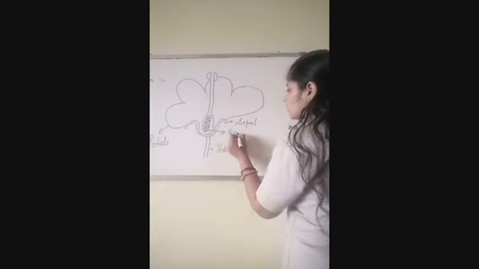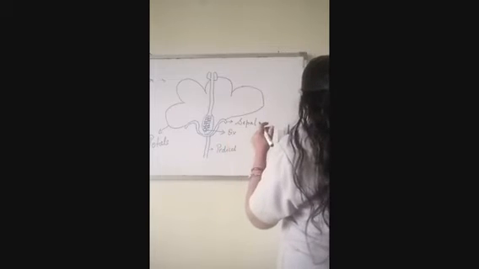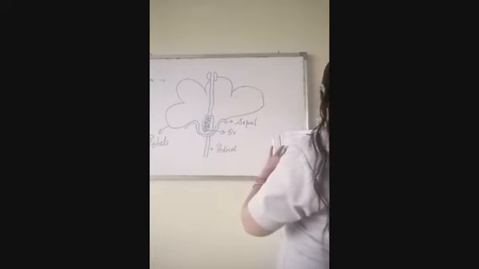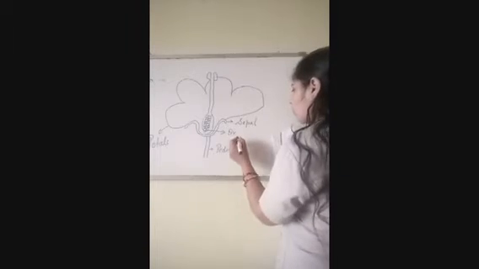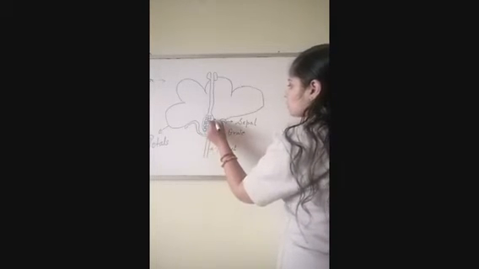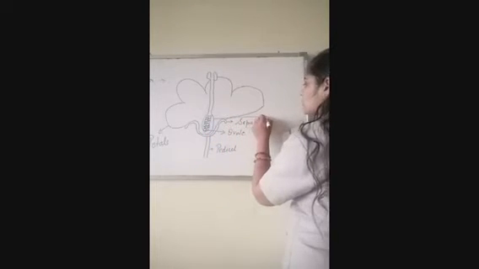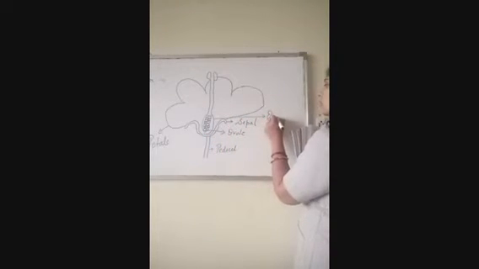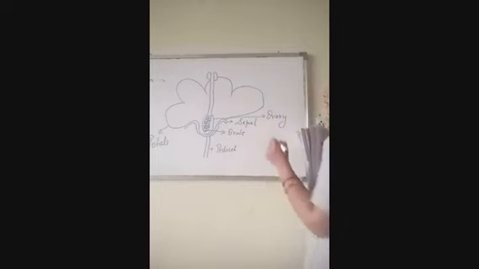This is called as the ovule, and the part which consists of ovule is called as the ovary. This is the part which is having the ovule. So this is called as the ovary.